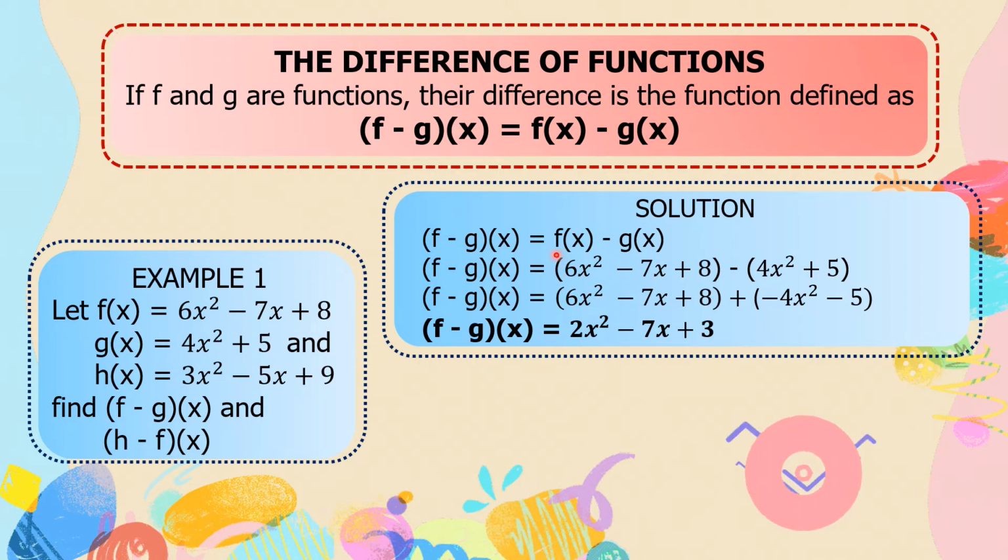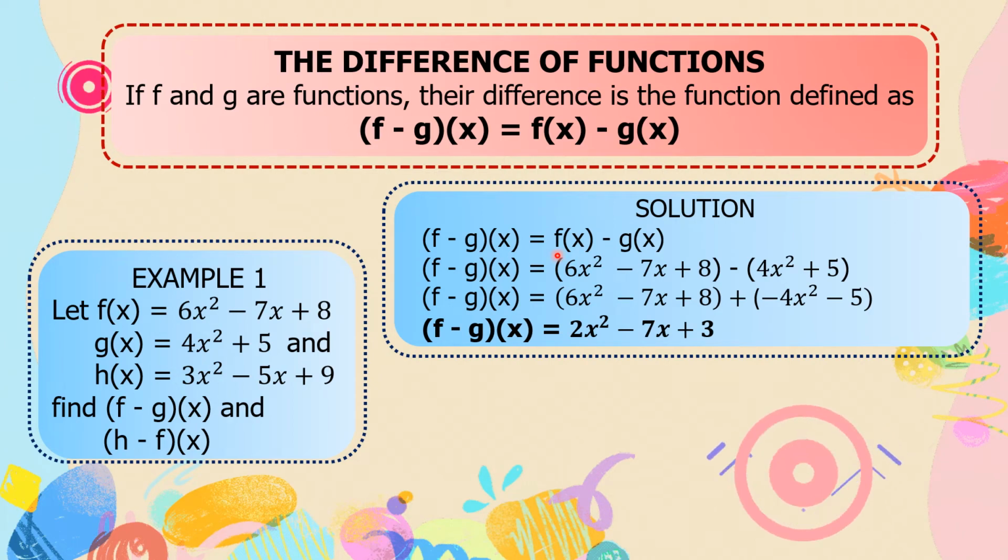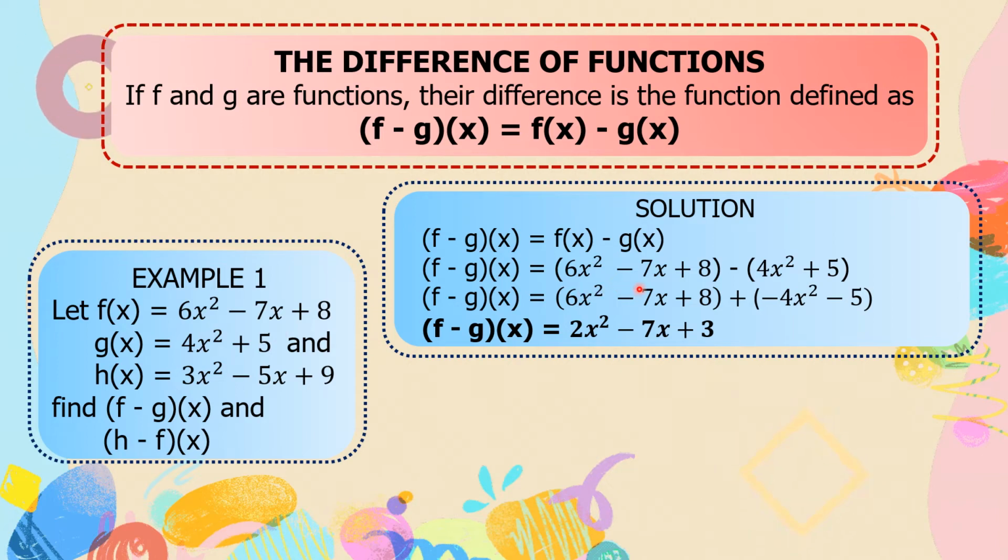Ngayon, palitan na natin yung f of x ng kanyang value. Ang value ng f of x natin ay 6x squared minus 7x plus 8. Minus yung ating g of x. Ang value ay 4x squared plus 5.